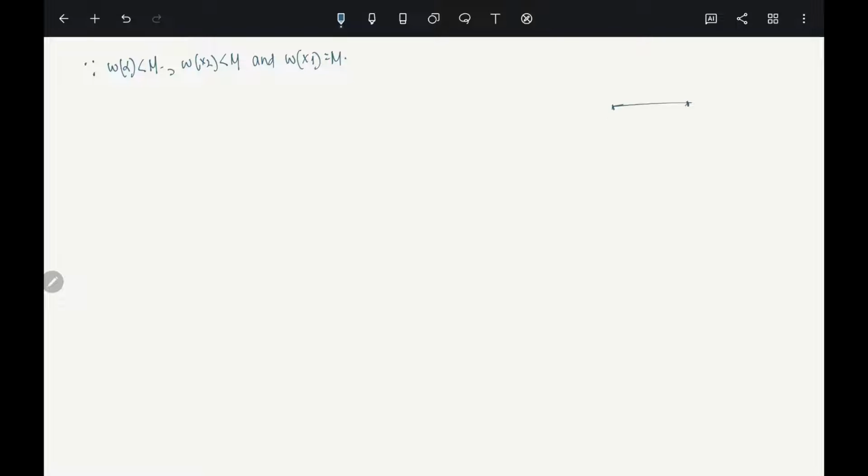Think about it this way: at the point alpha, this is x1, this is x2, where x2 is bigger than x1, this is beta. Let's say this is the m line. At alpha, W is less than m. At x2, W is less than m. And at x1 it equals m. So basically it does this, that's the minimum it had to do.